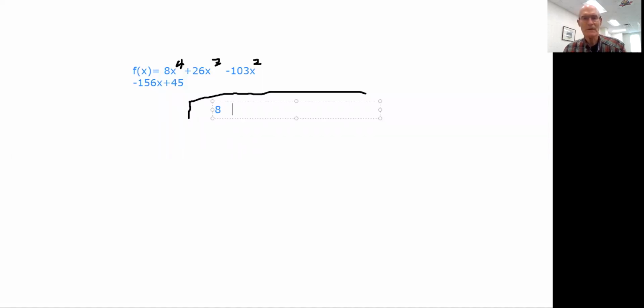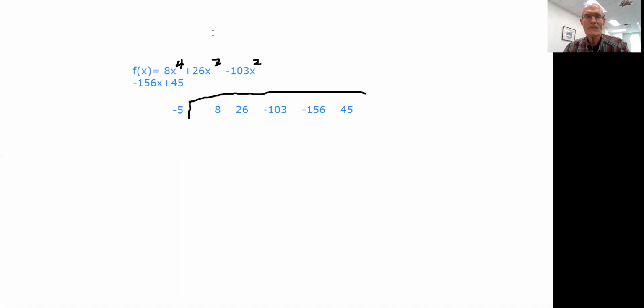So I put 8, 26, minus 103, minus 156, and 45. And I'm going to divide this by, since I've got a couple of possible factors here, minus 5 and 3, I'm going to put a minus 5 here.